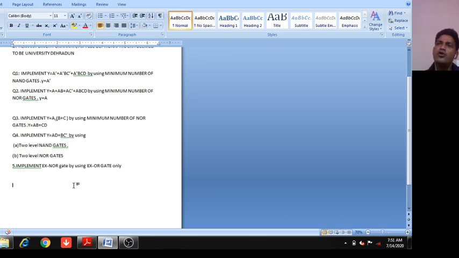The other input will be plus 5 volt or 1, and it will work as an XNOR gate, because you know A XOR B whole complement equals A XNOR B.